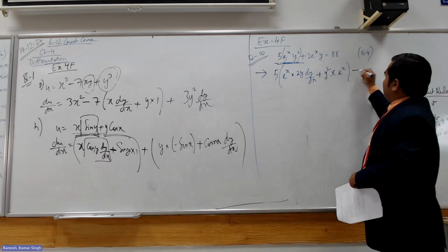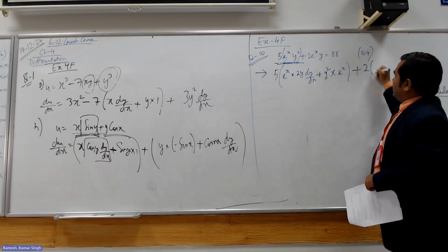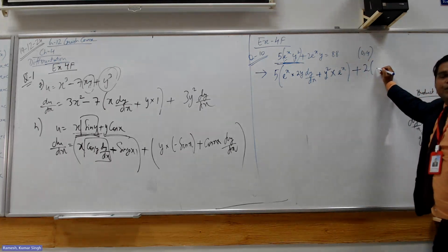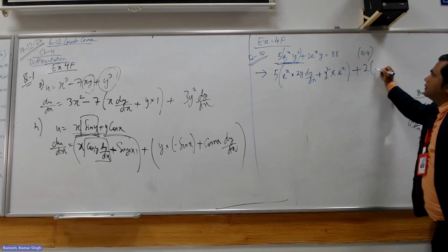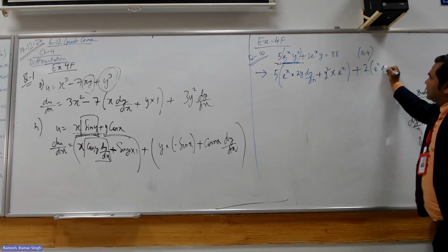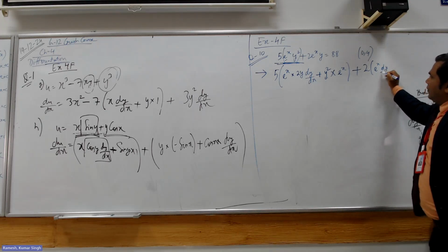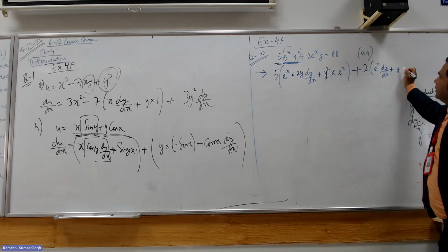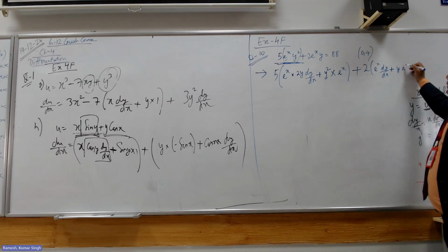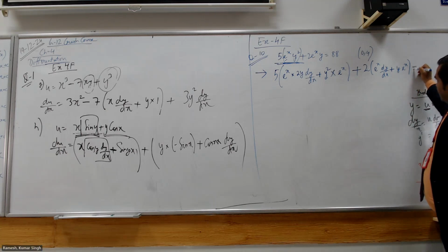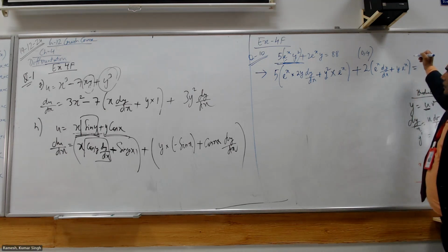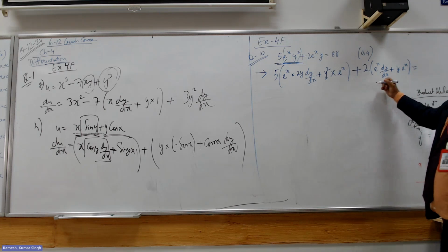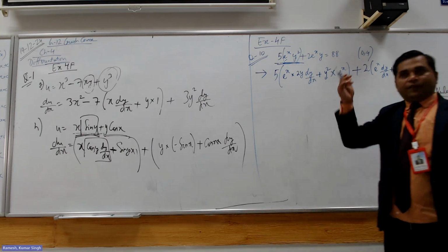Now we're going to do differentiation of 2 e to the power x y. So go, tell me the next step. It's 2, okay, so it's e to the power x times dy over dx, plus y times e to the power x, equal to 0 on the right, because we are differentiating both sides and the differentiation of a constant is 0.